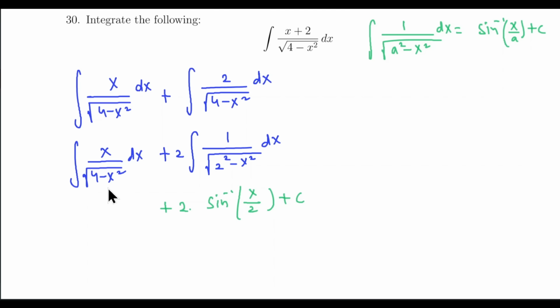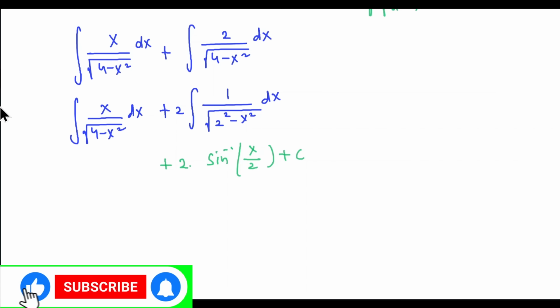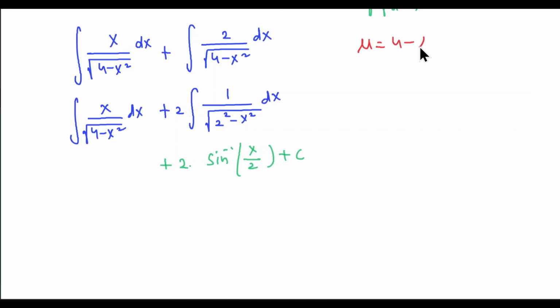The question is how to integrate this one. And that, my dear friends, is u sub. So I'm just going to do that separately over here. x over square root of 4 minus x squared. So I'm going to take u as 4 minus x squared. So du will become negative 2x dx. So dividing both sides by negative 2, I have negative 1 over 2 du is x dx.